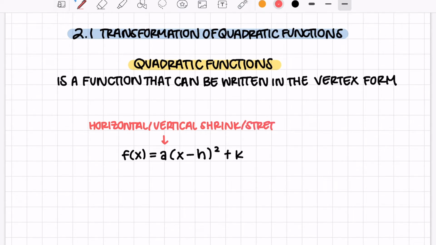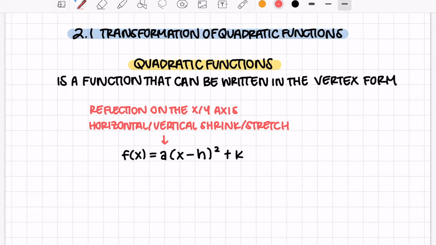And it could also tell us if we have a reflection on the x or y axis. So I'll write that down as well, reflection on the x or y axis.